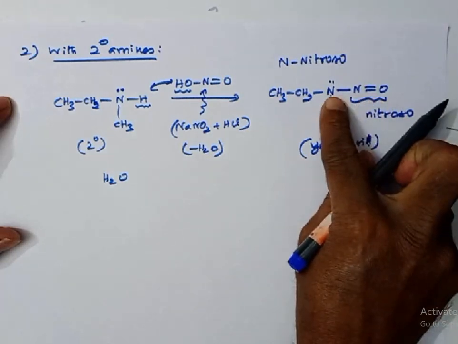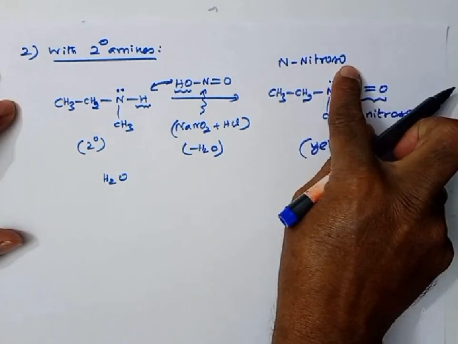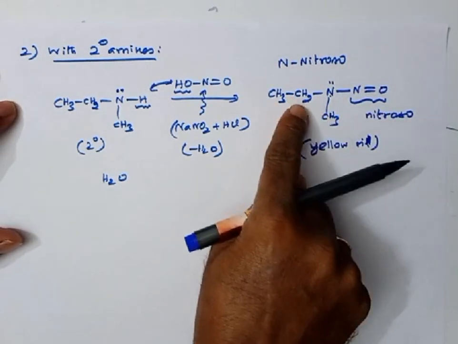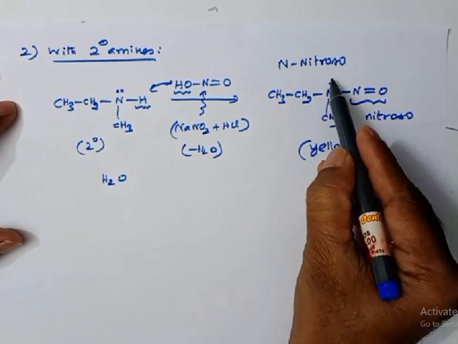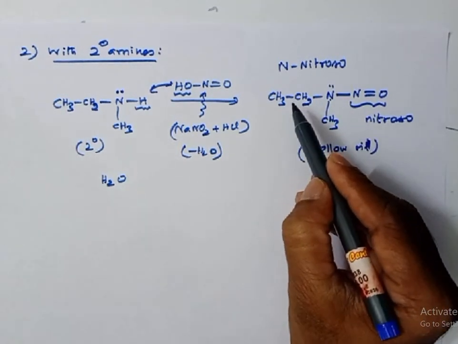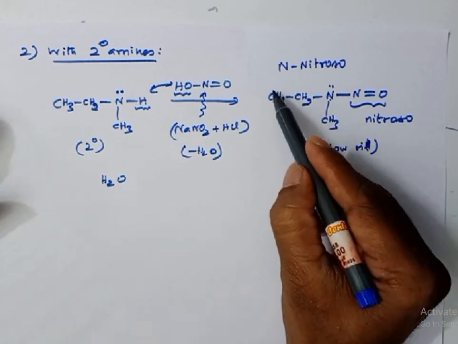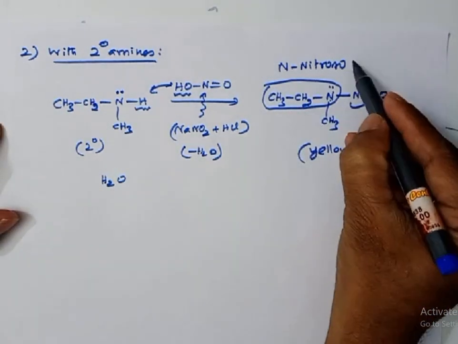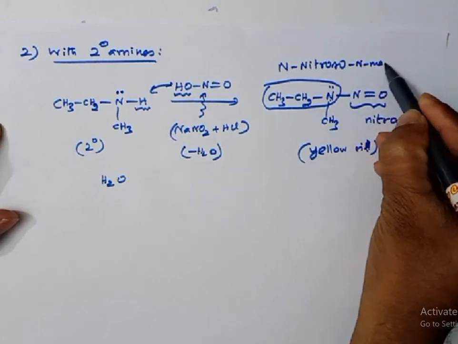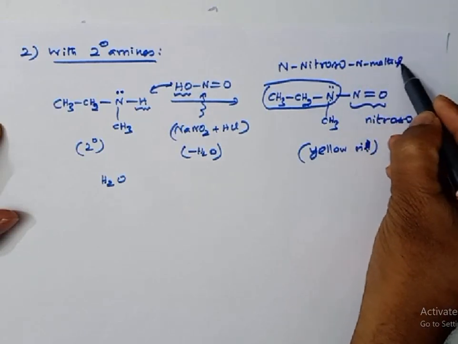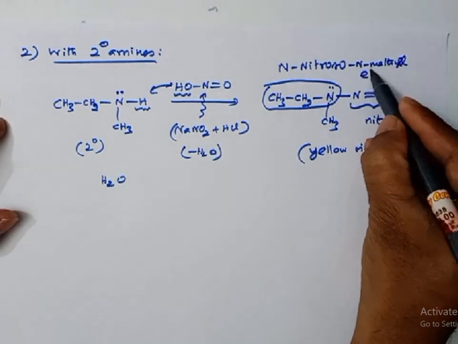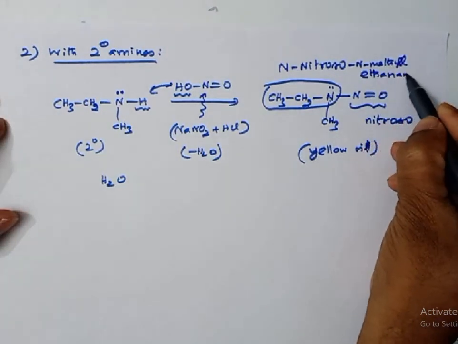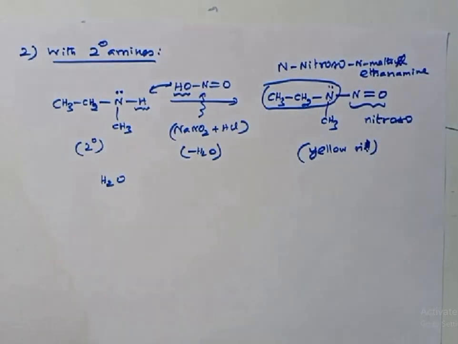The nitroso group is attached to the nitrogen, so it is called N-nitroso. And we have two alkyl groups. In this, this is the larger alkyl, so this is the parent chain. So the name is N-methyl ethanamine. Ethanamine is the name.